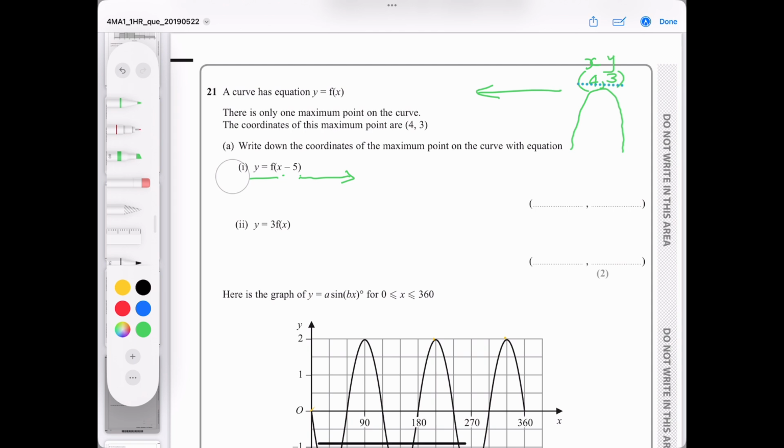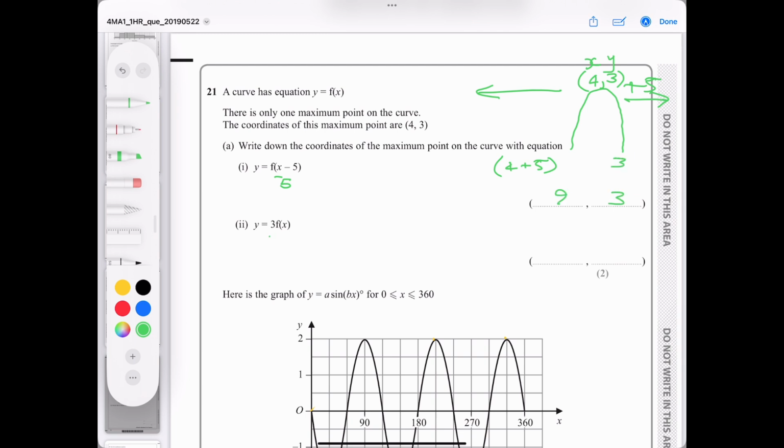In this case, the x minus 5, the way that you make this bracket worth 0 is by making x 5. And to make it x 5, you have to move it 5 that way. So in fact, what you're doing is you're moving the 4 up by 5. So that means that the x is 4 plus 5, and the y remains the same, so it's 9, 3.